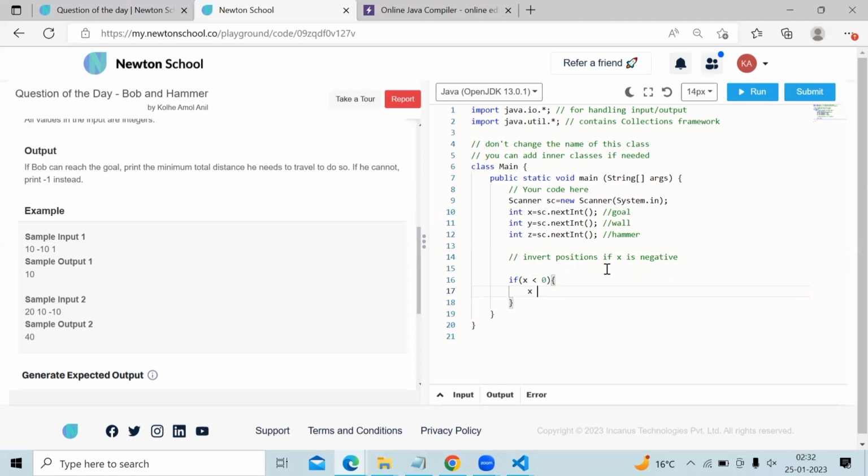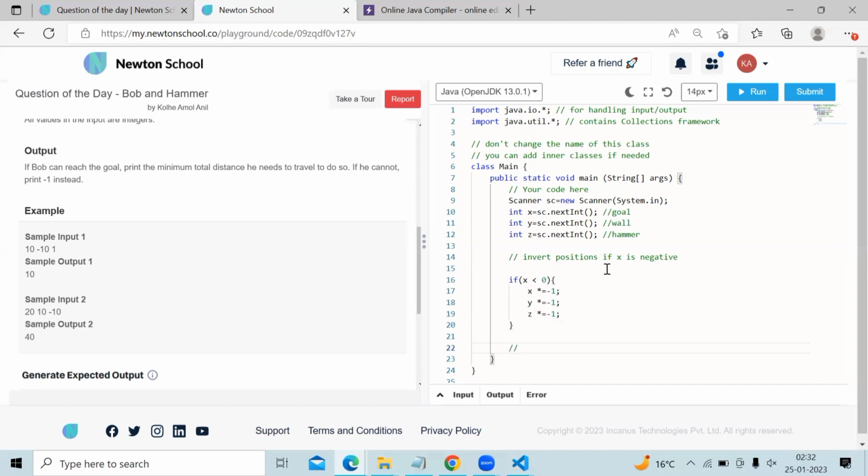Anything you can write. So I will write x into equals to -1, then same for y, equals to -1, same for z, equals to -1.